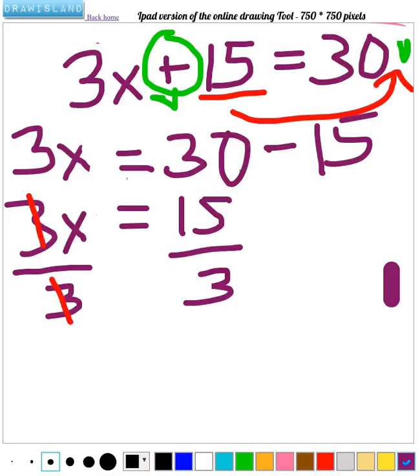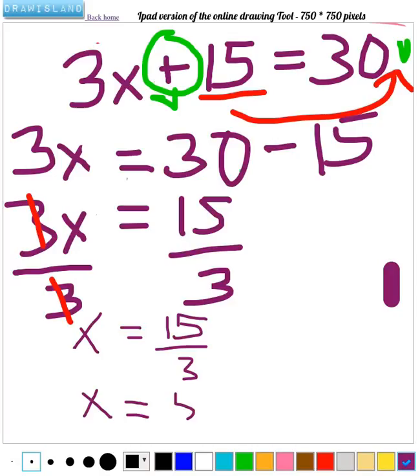That becomes x is equal to 15 over 3, which is x is equal to 5. So our answer is x is equal to 5.